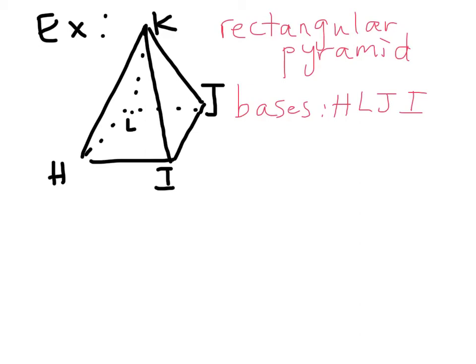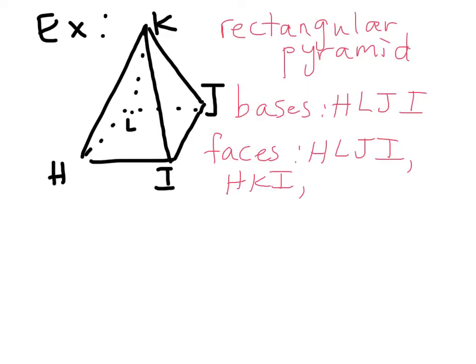Then I'm going to name the faces. So if I think about this pyramid, I've already named the base, which is also one of the faces. So I'm going to go ahead and put that down, HLJI. And the rectangular pyramid has that one face on the bottom and then 4 faces that go around it. So the other faces are all triangles, I noticed. So I'm going to name them. I'm going to look at this front one here, and I'm going to name it HKI.